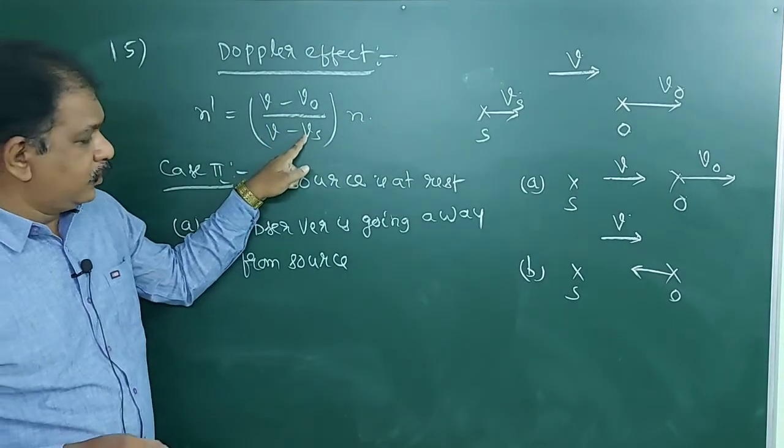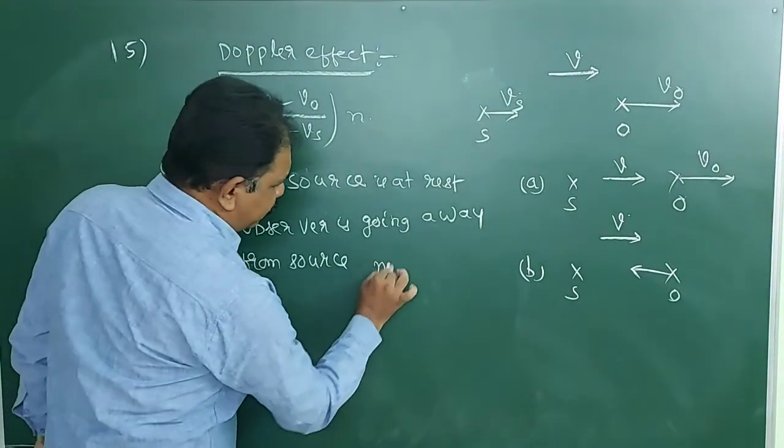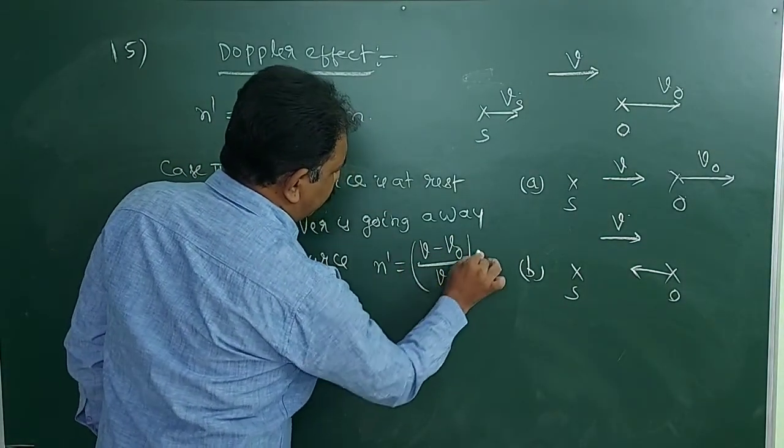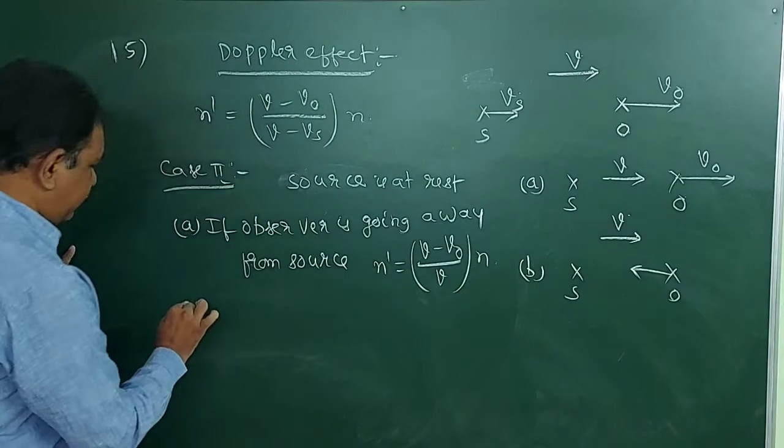Vs is already 0. So here N dash value will be V minus VO by V into N.